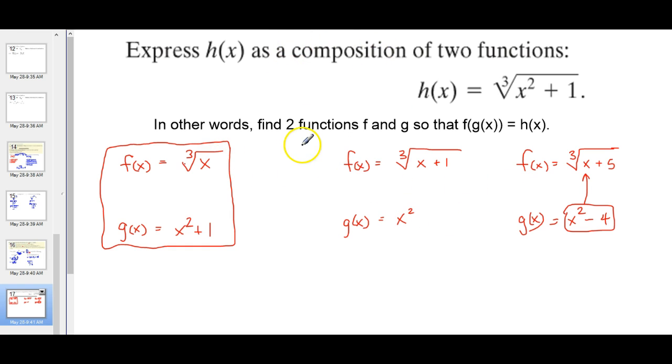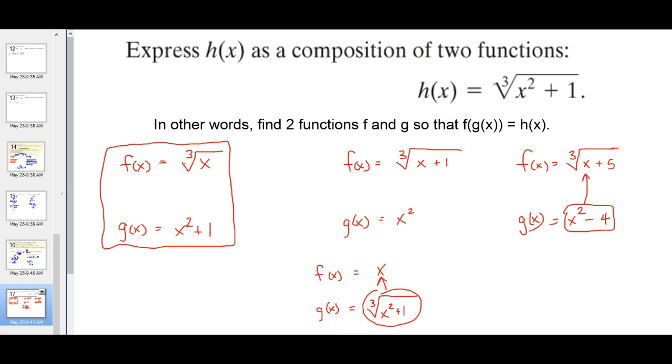All right, and then there's the one that's almost cheating because it's so easy to do. But if you make f of x, the outer function, just x, well, now you can make g of x the same as h of x. Right, and now I plug this, which is h of x, into this function.